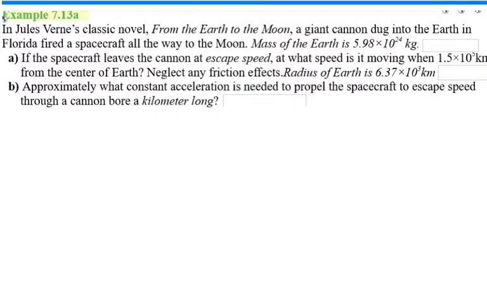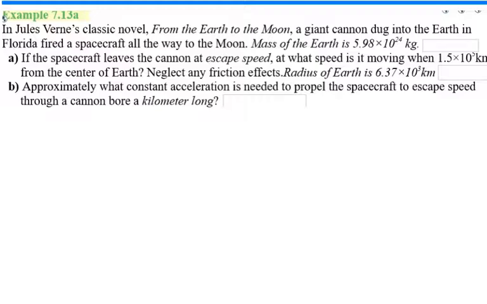Let's look at the first question in this video. In Jules Verne's classic novel From the Earth to the Moon, a giant cannon dug into the Earth in Florida fired a spacecraft all the way to the moon. The mass of the Earth, I'm going to round it to 6 times 10 to the 24 kilograms. If the spacecraft leaves the cannon at escape speed, at what speed is it moving when it is 1.5 times 10 to the 5th kilometers from the center of Earth?